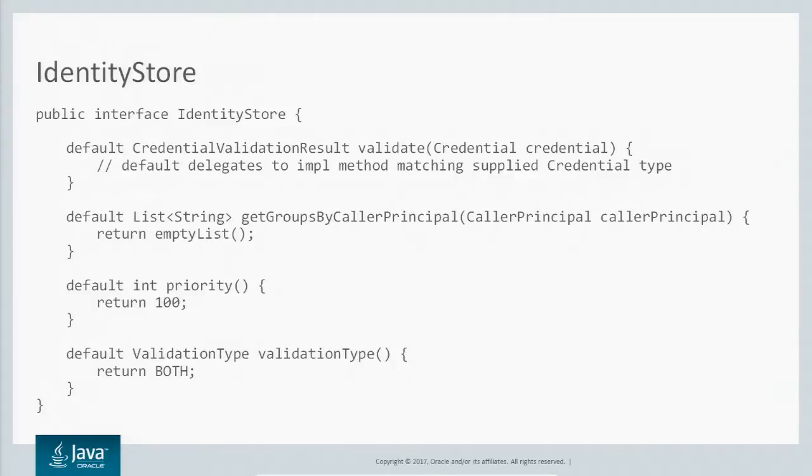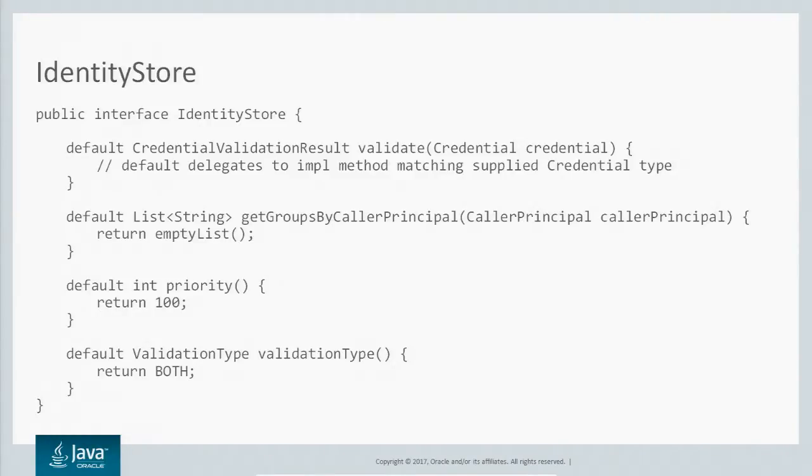May I ask a question about priority? Like in CDI, if you have a lower priority number, that means lower priority. Because this is the opposite. So if you have two identity stores, then what do you do? Which one is lower first? So the lower number is higher priority.